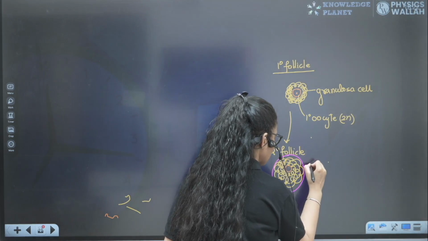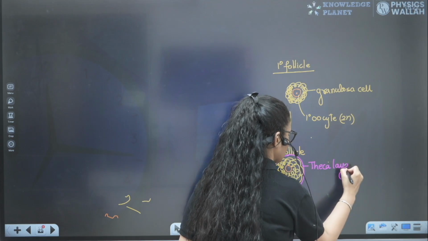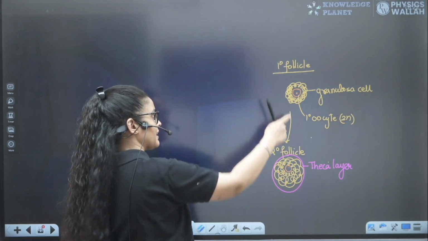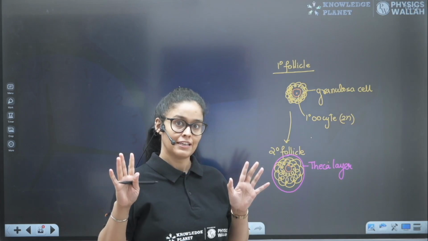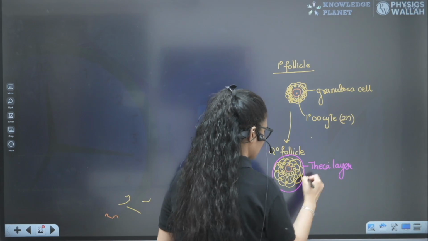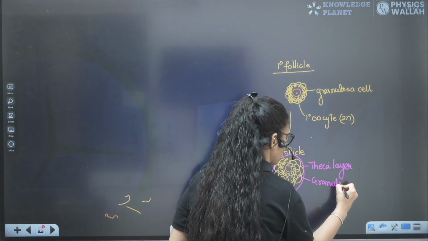So they have this theca layer. You have to remember these things that I'm writing. This follicle is actually forming in the cortex region of the stroma, NEET question, right? So yes, the theca layer, and this is the granulosa cells layer.